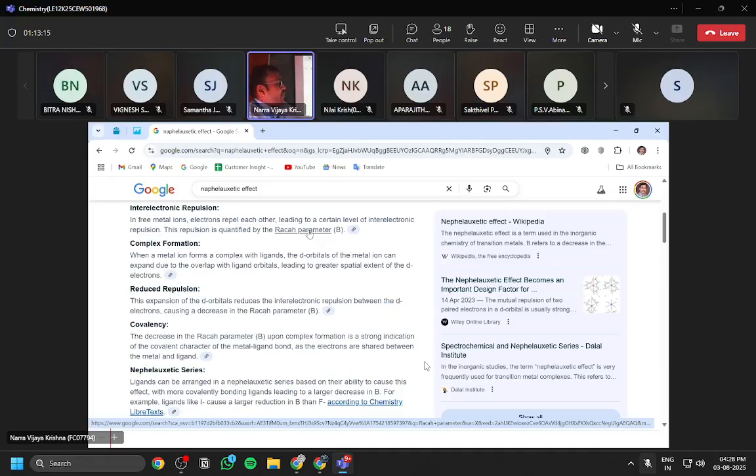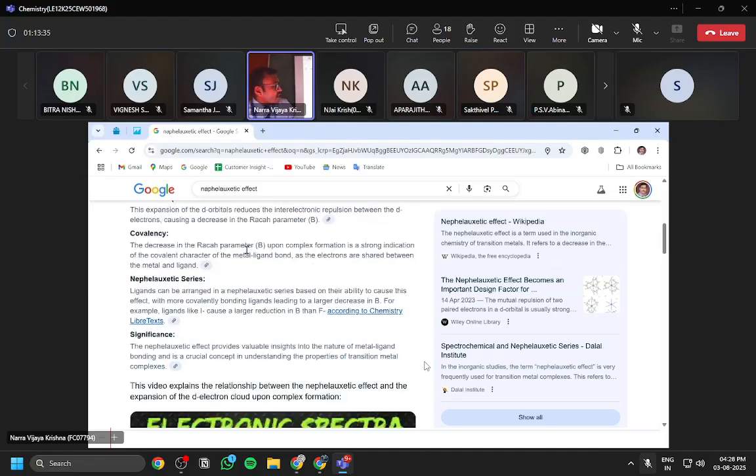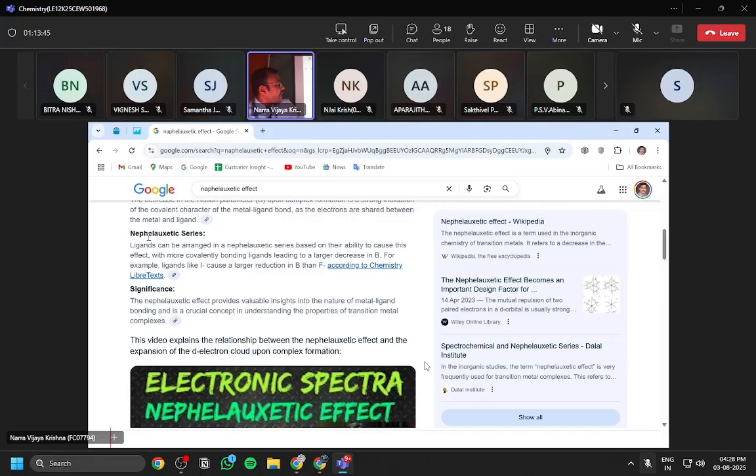Complex formation: when a metal ion forms a complex with ligand, the d orbitals of the metal ion can expand due to overlapping with ligand orbitals, leading to a greater spatial extent among d orbital electrons. This expansion of d orbitals reduces interelectronic repulsions between d electrons, causing a decrease in the Racah parameter. The decrease in the Racah parameter upon complex formation is a strong indication of covalent character in the metal-ligand bond, as the electrons are shared between metal ion and ligand.